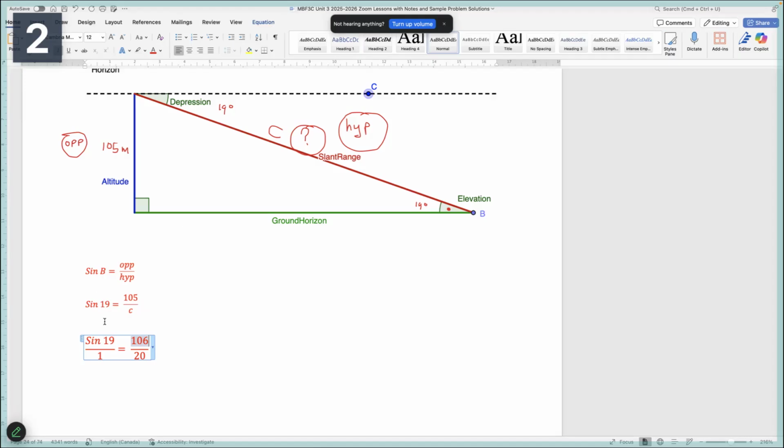So we're going to divide by sine of 19. And then we have to divide that side also by the sine of 19. Press enter.